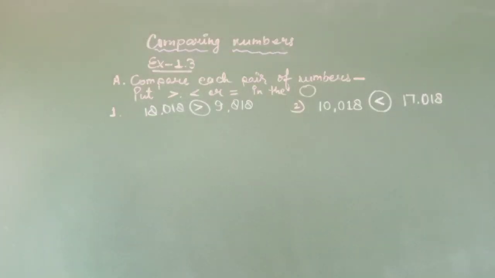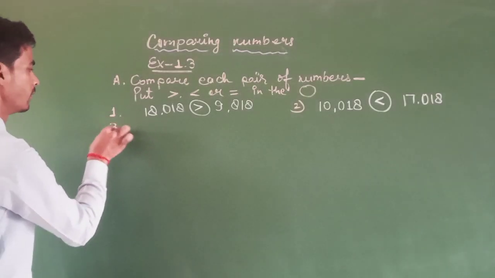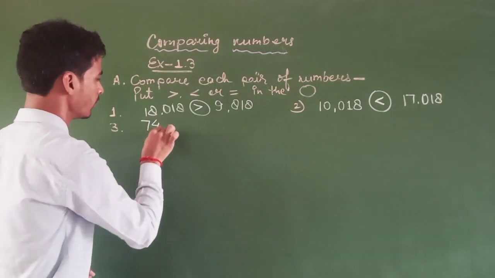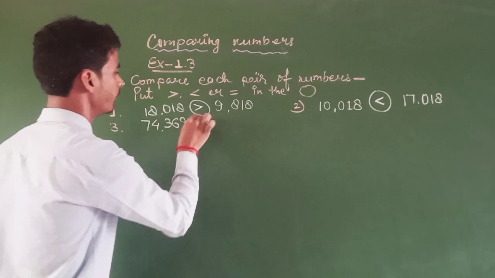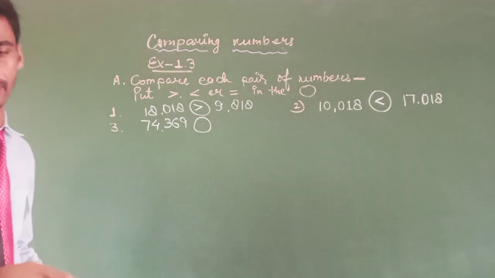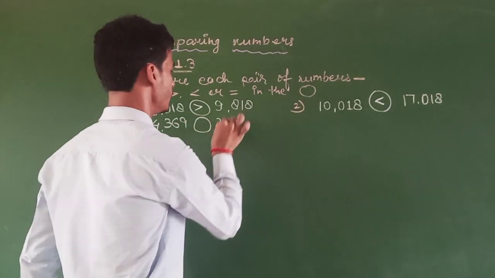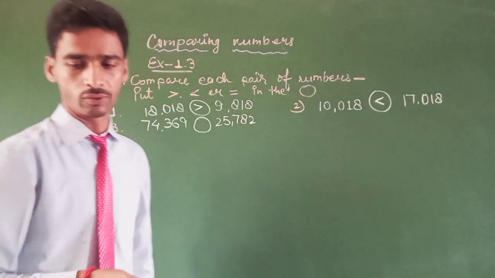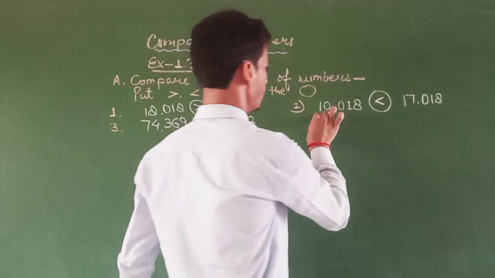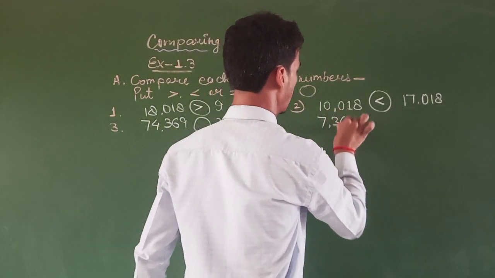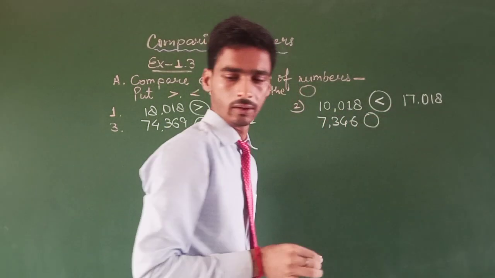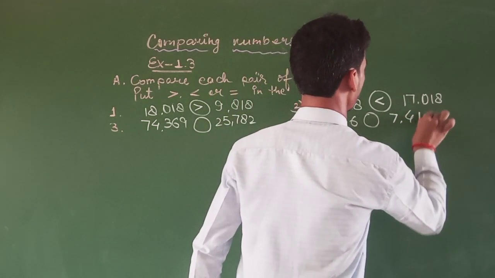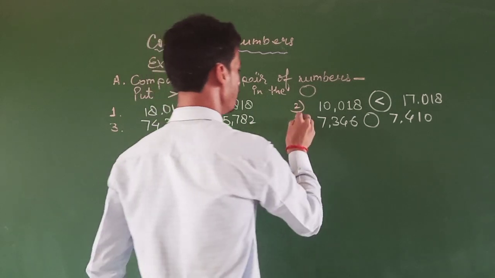Now question number 3 is 74,369 and 25,780. And the next one is 7,346 and 7,410.